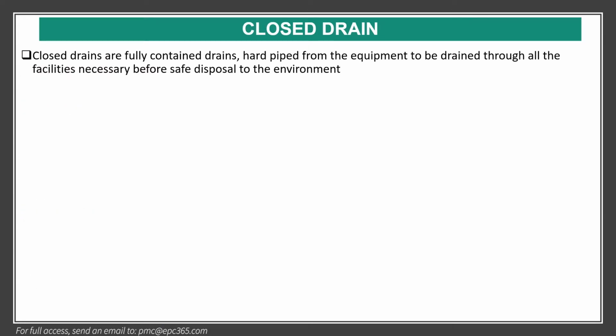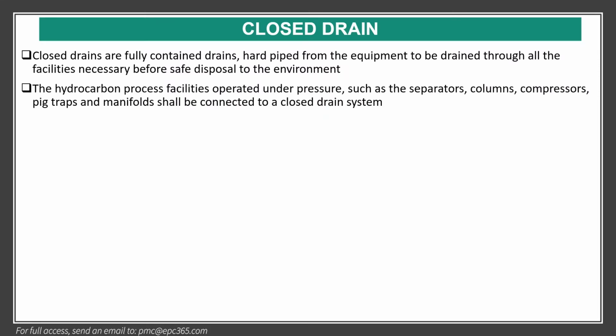Closed drains are fully contained drains, hard piped from the equipment to be drained through all the facilities necessary before safe disposal to the environment. The hydrocarbon process facilities operated under pressure, such as separators, columns, compressors, pig traps, and manifolds shall be connected to a closed drain system.